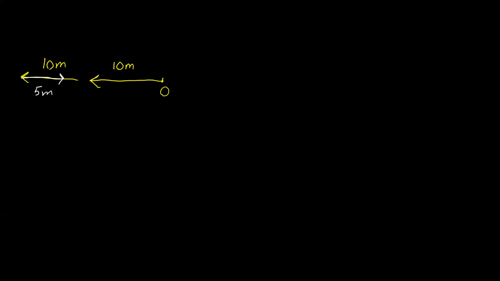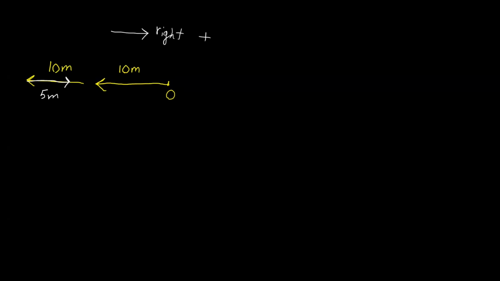So as you can see, we have 10 meters to the left, another 10 meters to the left, and then 5 meters to the right. Still, I want to say positive direction is right. So right is positive. When I walk 10 meters to the left, it means it's minus 10. Another 10 meters to the left, it means another minus 10. And then I start moving 5 meters to the right, plus 5.